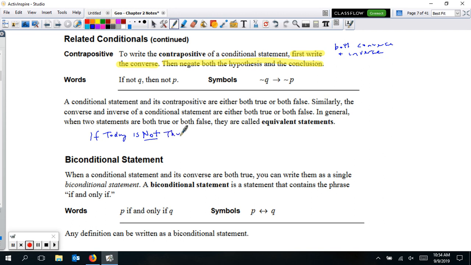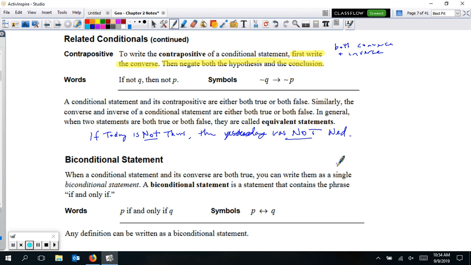If today is not Thursday, comma, then yesterday, I'm having trouble spelling yesterday, then yesterday was not, again negating that section as well, was not Wednesday.